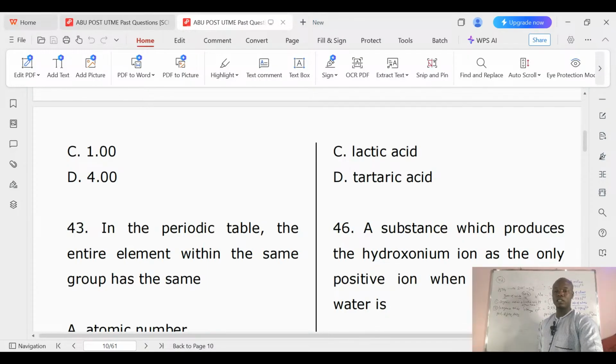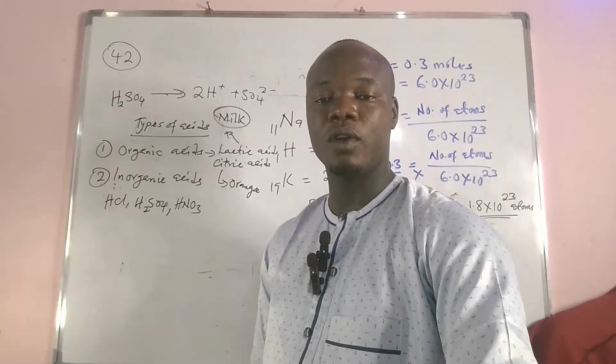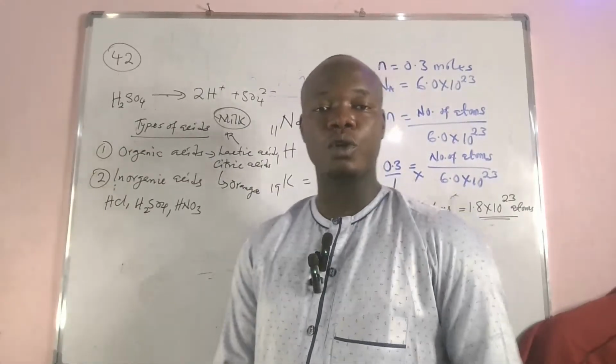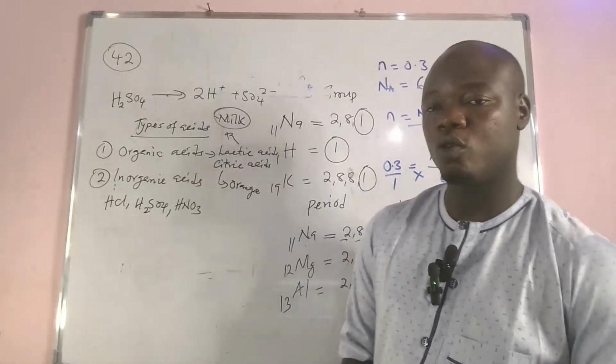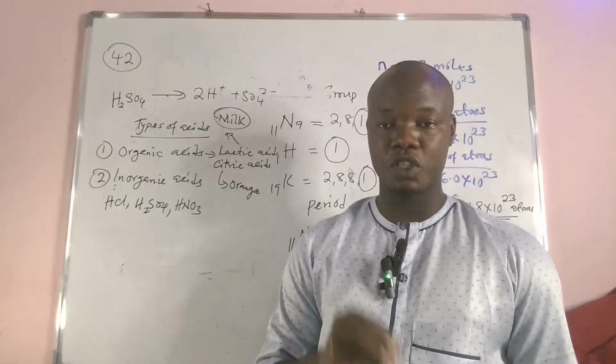Now let's look at another question, question 46. A substance which produces the hydroxonium ion as the only positive ion when dissolved in water is. I just defined an acid: a substance that when ionized in water will produce hydrogen ion or hydroxonium ion as the only positive charge.